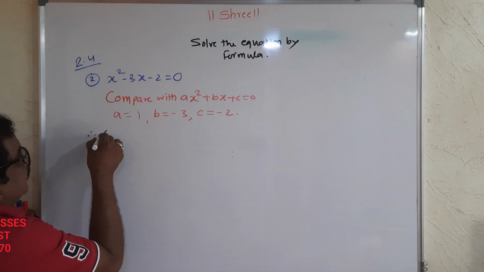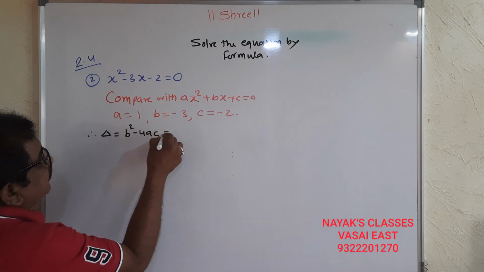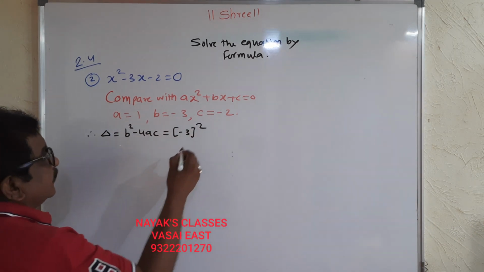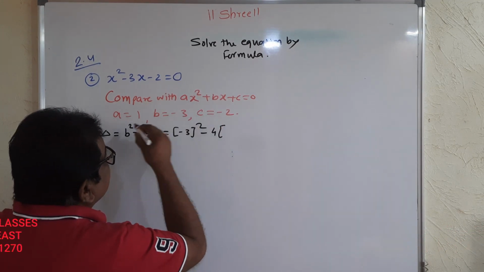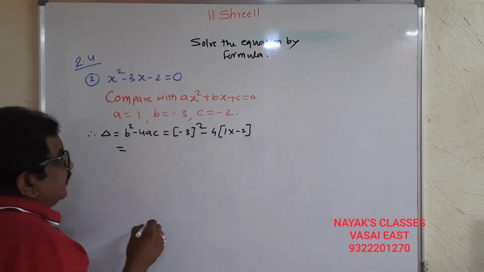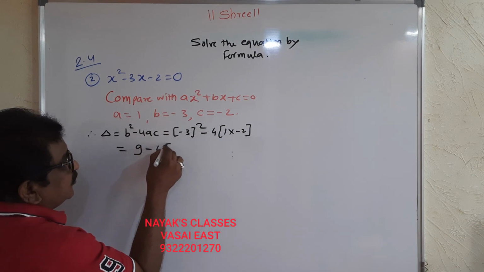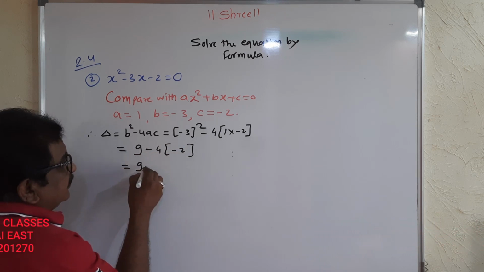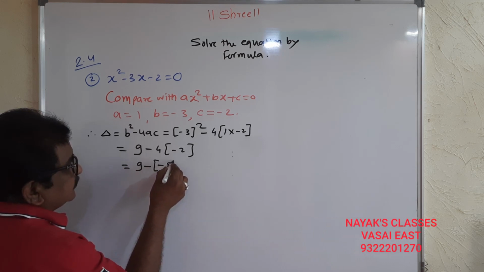Therefore, delta is equal to b square minus 4ac, which is minus 3 the whole square minus 4 into bracket ac, that is a is 1 and c is minus 2. So minus 3 square is 9 minus 4 into bracket minus 2 is equal to 9 minus into bracket minus 8.